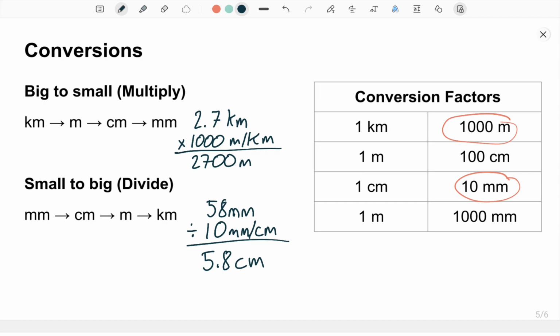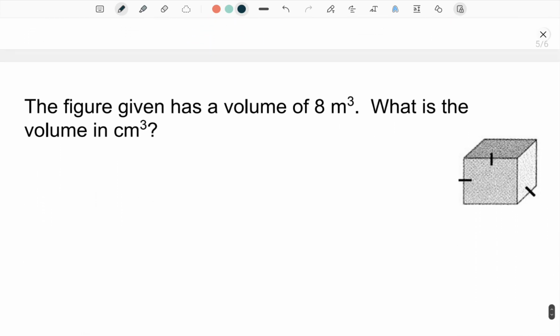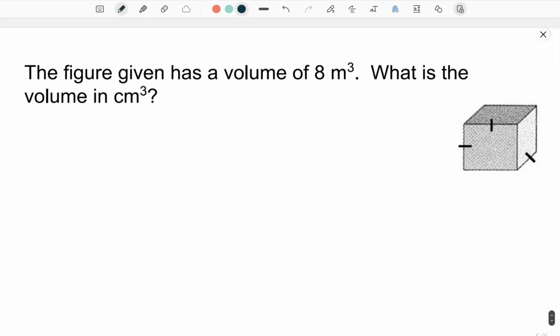So let's apply that to a final problem. In this situation, we have a given figure, a cube, and it's got a volume of 8 meters cubed. So what is the volume in centimeters cubed?